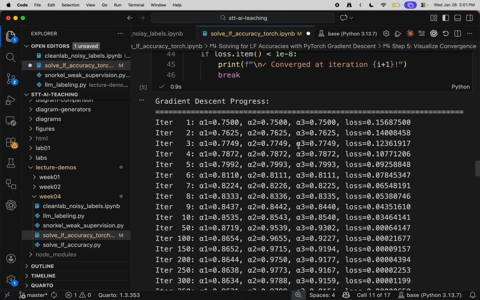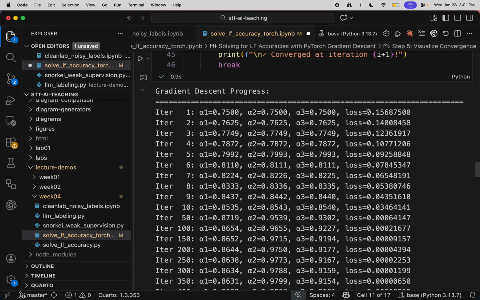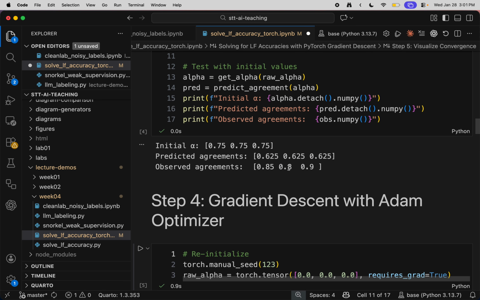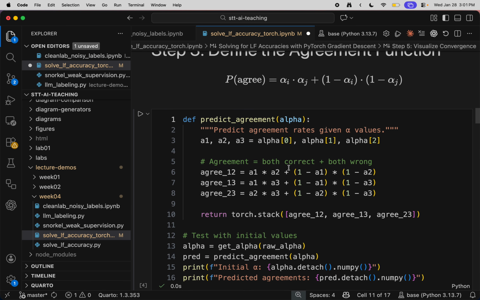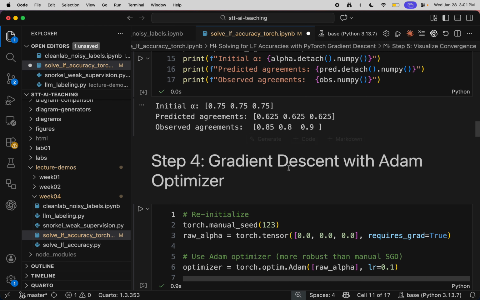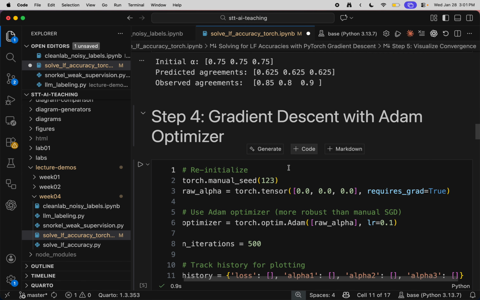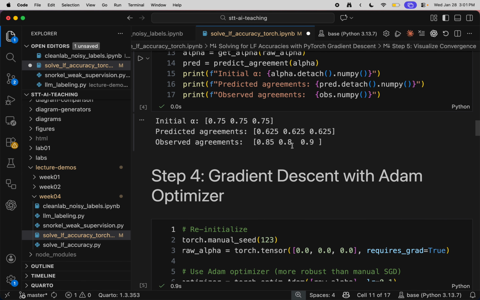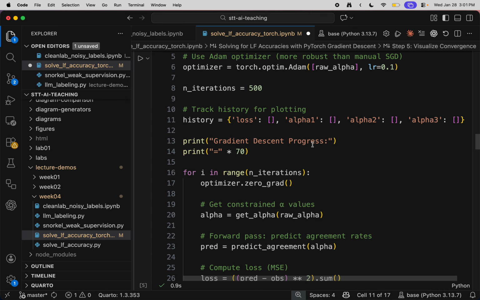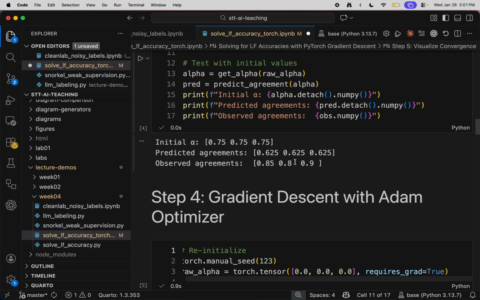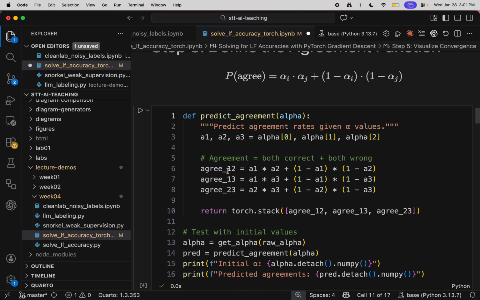So, here is an iterative procedure which is trying to reduce the gap between my predicted agreements and the agreements which I am getting from the data. The agreements I am getting from the data are 0.85, 0.8 and 0.9. So, I have to choose values of alpha 1, alpha 2, alpha 3, which if I run through this optimization procedure, I will get 0.85, 0.8 and 0.9 by doing these calculations.